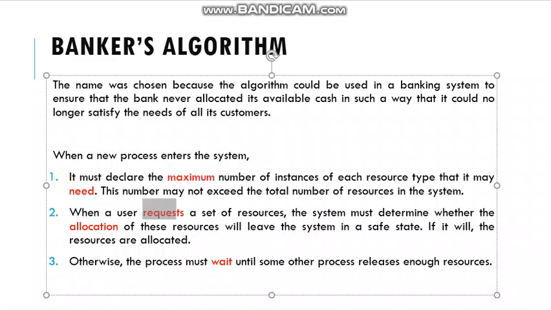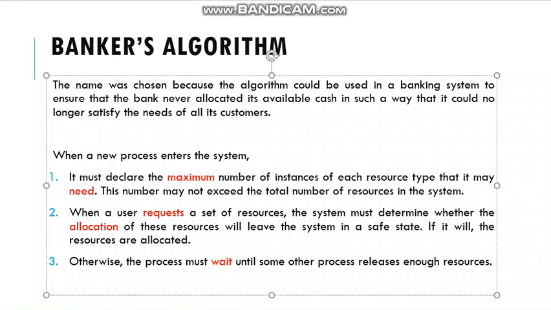Whenever it requests those resources, our algorithm will determine how much is actually allocated and how much it needs. The system must then determine whether allocating these resources keeps it in a safe state.